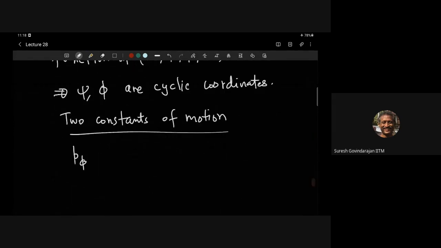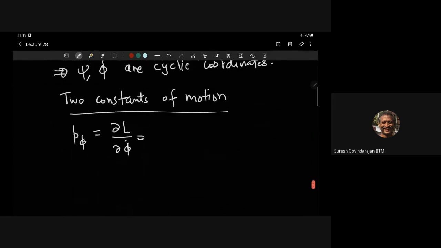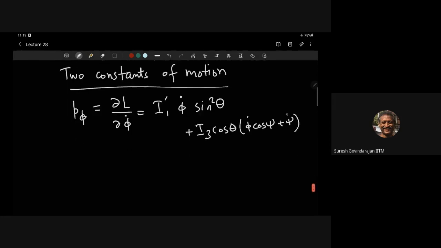So P phi is just dL by d phi dot, and we can work this out. It's I1 prime phi dot sine squared theta plus I3 cosine theta into phi dot cosine theta plus psi dot. Some messy thing, it doesn't matter, but it's a constant of motion.